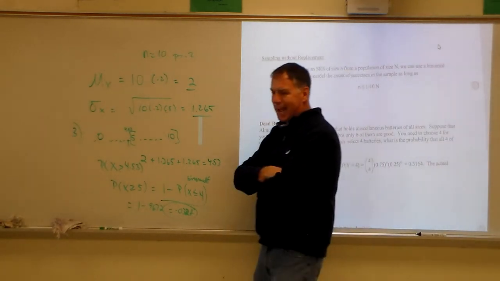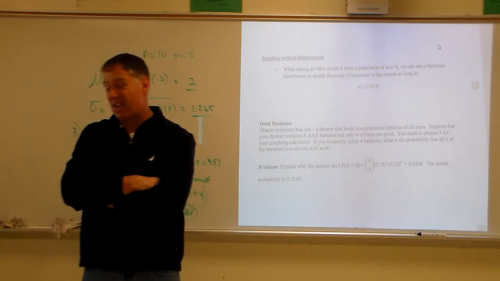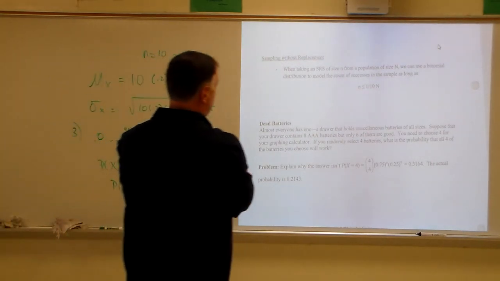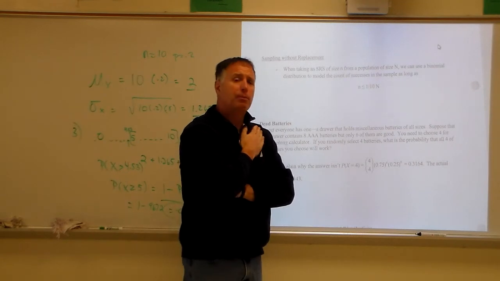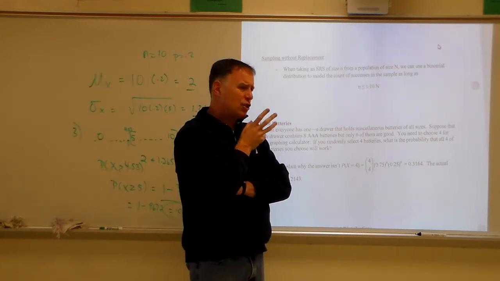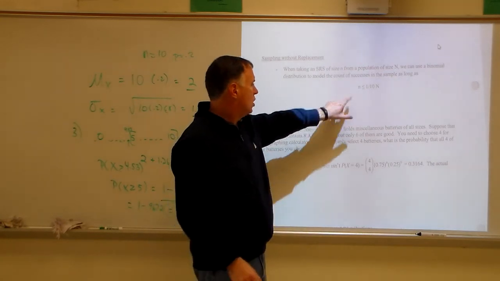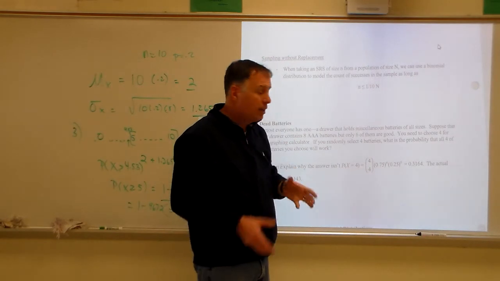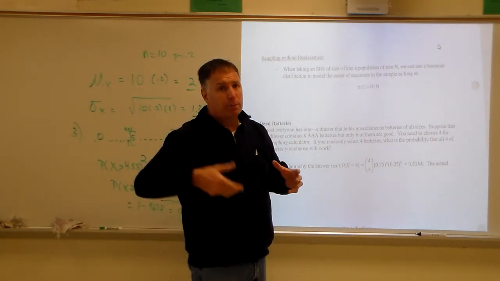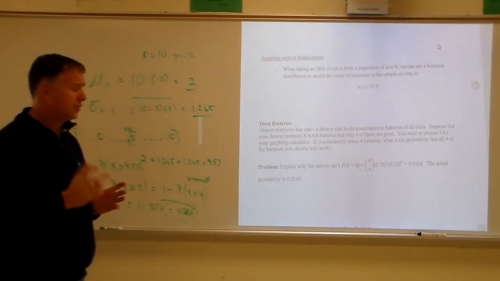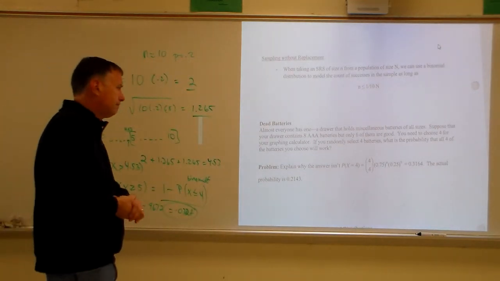Well, you could take a sample of 10 because your population is so big. Your sample size would be like 4 that you chose. So as long as your sample size is less than or equal to 10% of your population, you don't have to worry about replacing. And we're going to see a lot of examples on that, especially in chapter 7.